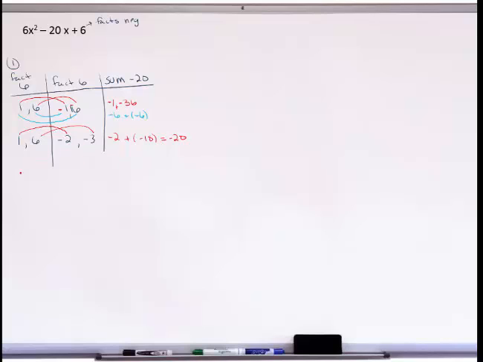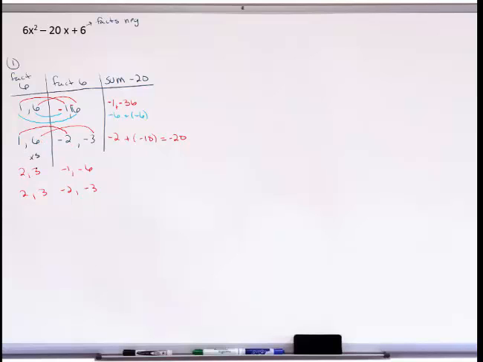Now if that setup hadn't worked, I would have gone ahead and switched this to the 2 and 3 and tried negative 1 and negative 6, and then I would have tried 2 and 3 with negative 2 and negative 3. So I would have had to try possibly 2, 4, 6, 8 different combinations to find this match. But luckily I found it on the third.